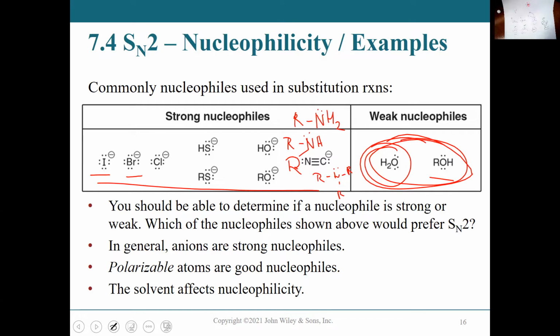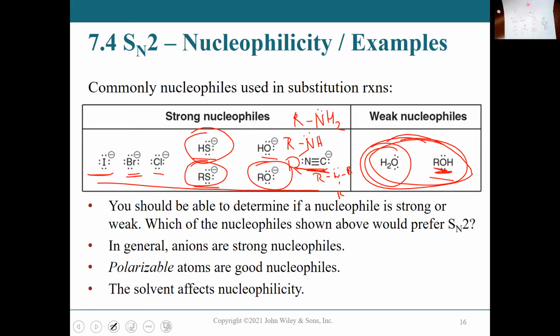Alkoxides, thiolates, alkyl sulfides, chlorides, bromides, iodides, hydroxide, cyanides. We are never going to do any experiment with cyanide. Alkoxide means it's the conjugate base of the alcohol.